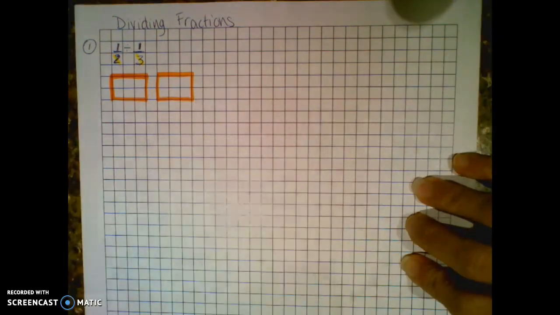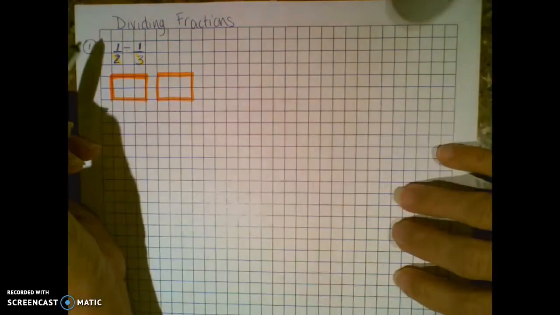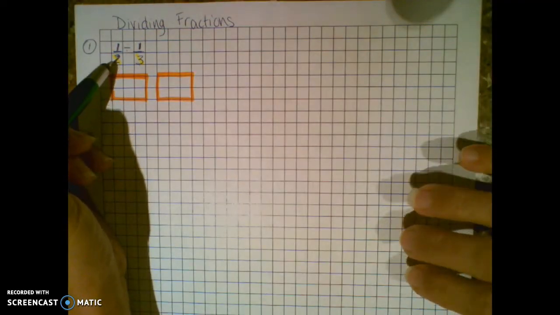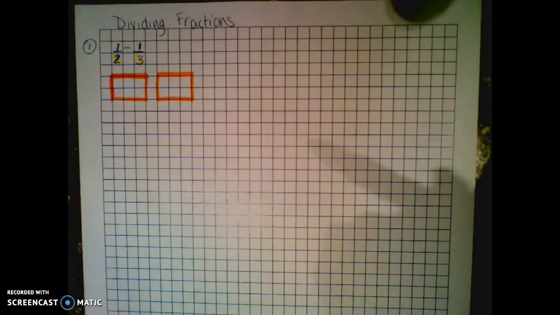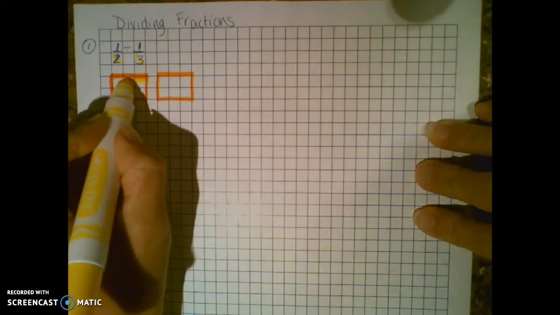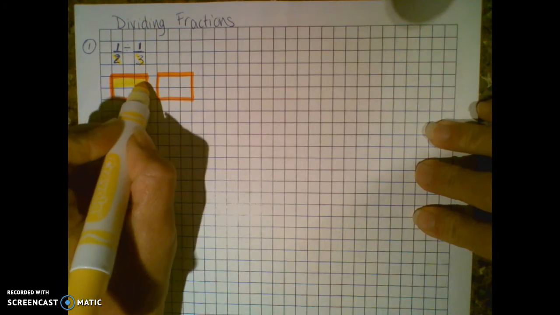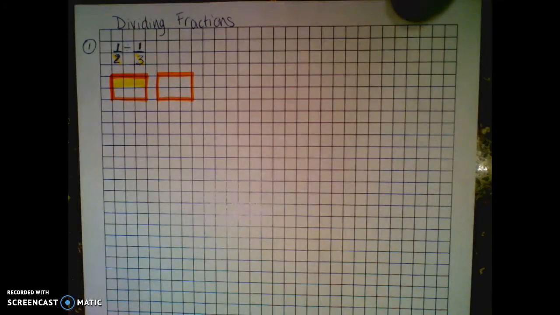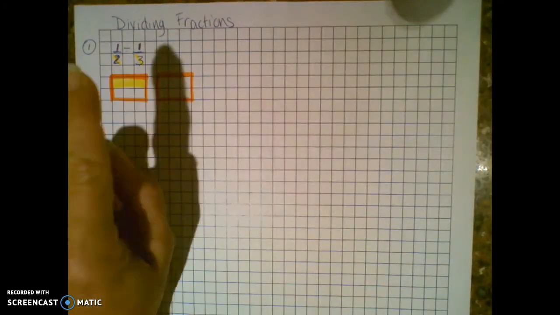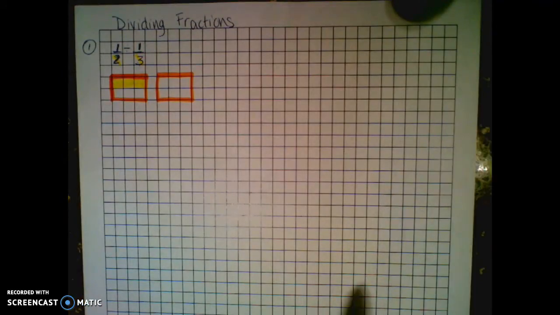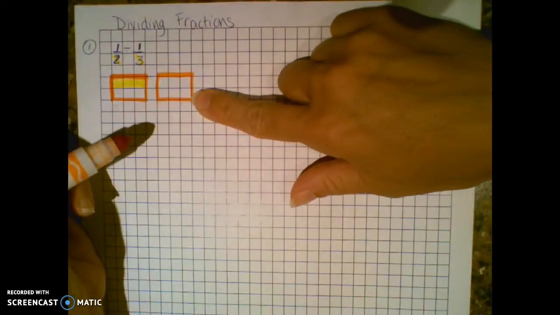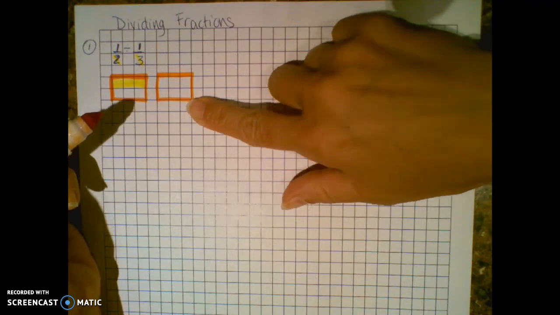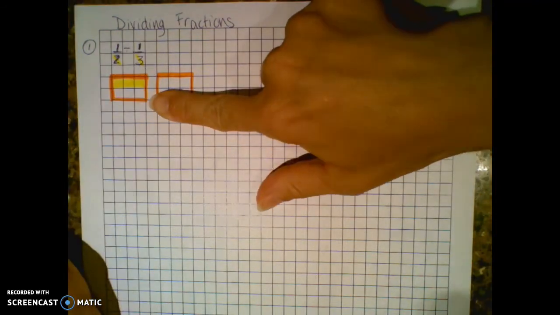So to get started, I'm going to look for 1/2. I'm going to shade it in with the yellow, so I know 1/2 is actually how many pieces? 1, 2, 3. Okay. Now let's look here at my second model. I want to know 1/3. Well, look at your first row.